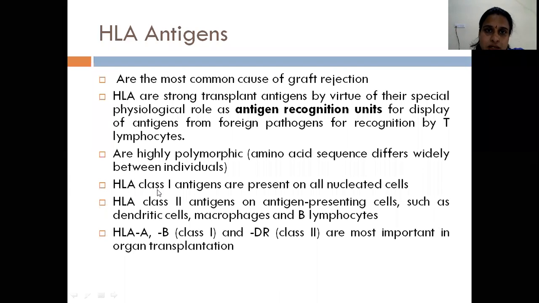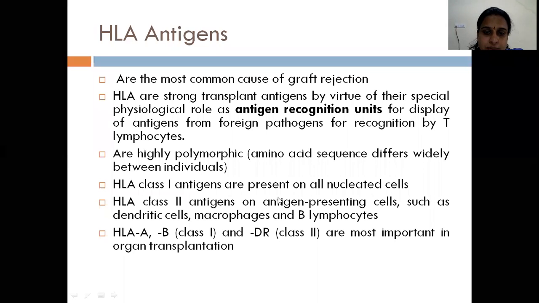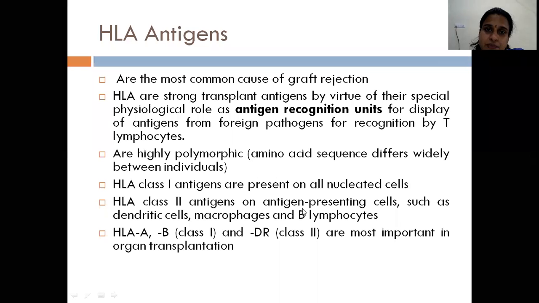Now, as I said, there are two classes of HLA antigens, class 1 and class 2. Class 1 is present in all the nucleated cells in the body, whereas HLA class 2 antigens are present on the antigen presenting cells, namely the dendritic cells, the macrophages, and the B lymphocytes.